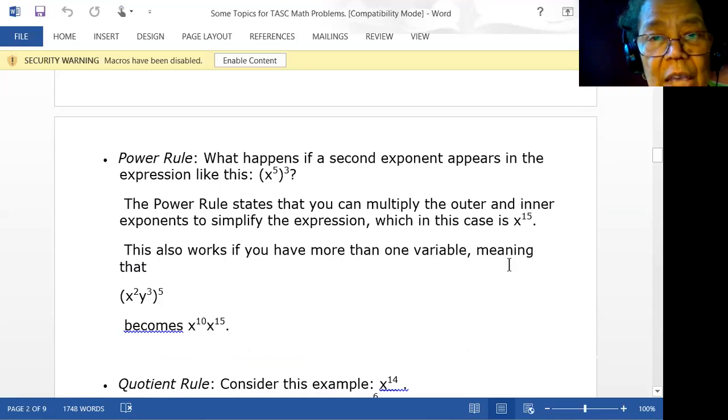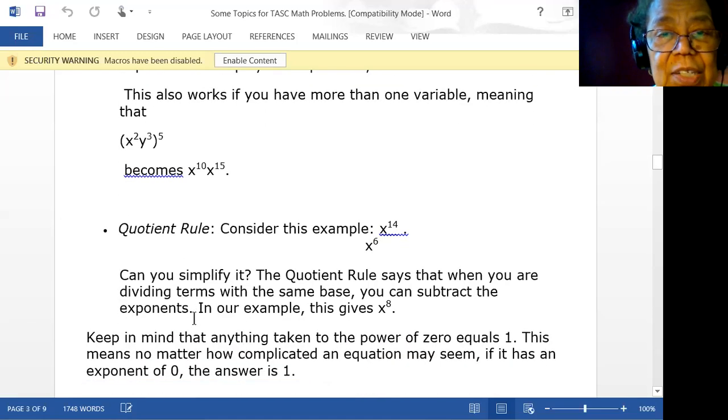Even if you had more than one variable, it works. If you had x to the second, y to the third, all raised to the power of 5, 5 times 2 is 10, and 5 times 3 is 15.